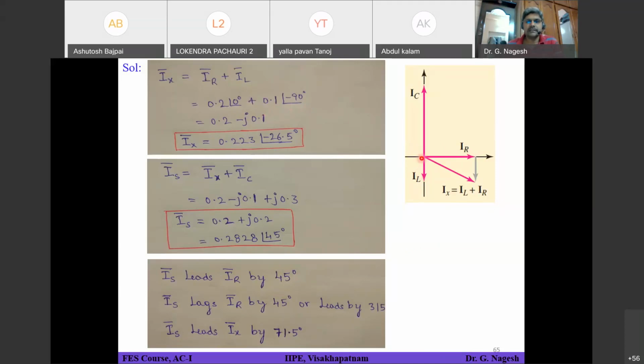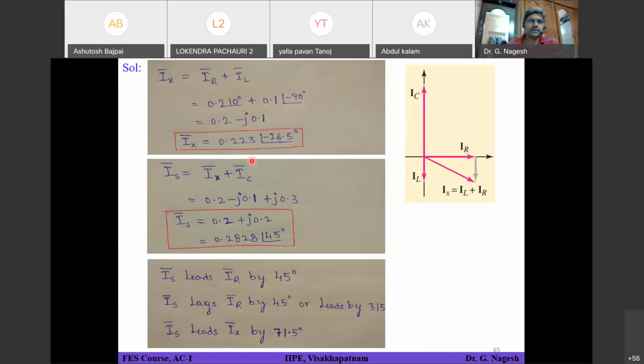So your current IL is going to lag your actual reference phasor by 90 degrees. Okay, so that's why it is here. And if you see the capacitor current, which is 0.3 at an angle of plus 90, that means j0.3, so it should be leading, so that's why it is here. Okay, right. So we have plotted IC, IL and IR.